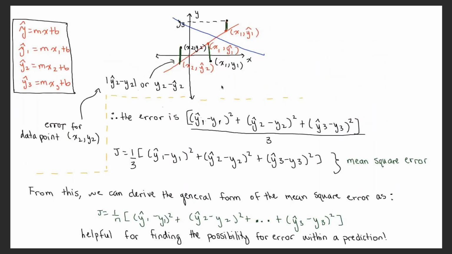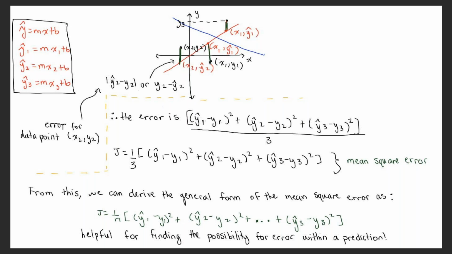So that's what I have over here. This is how to figure out how much error is in your prediction and how far off your prediction is. It's a way to determine if your prediction is accurate enough or not. I've drawn another graph over here, and these black dots are our data points.